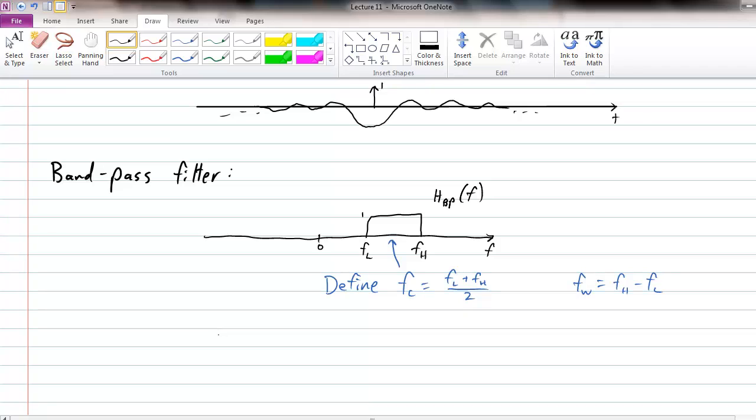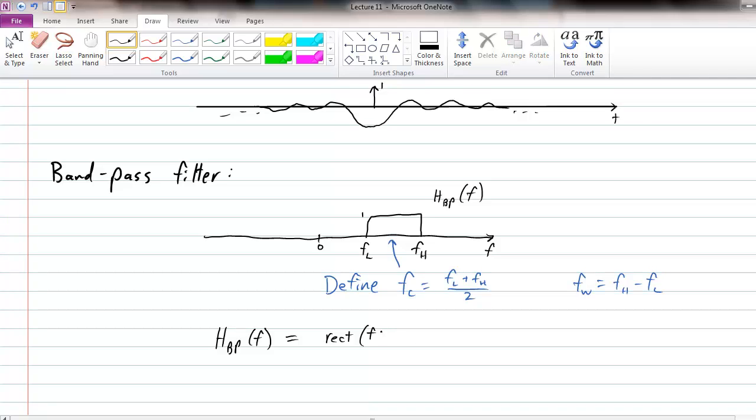Okay, so we could write H as a shifted rect. So it's rect of F over FW, and then shifted by FC. So I'll put that in the numerator.